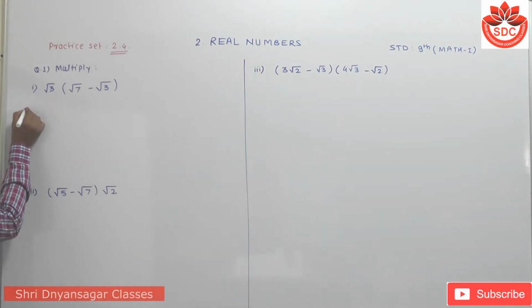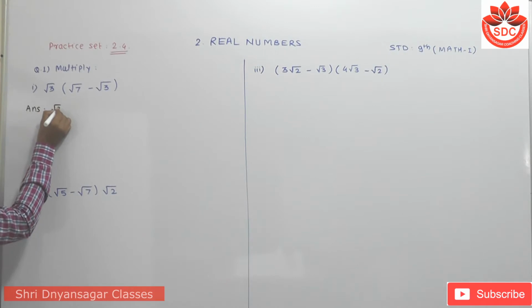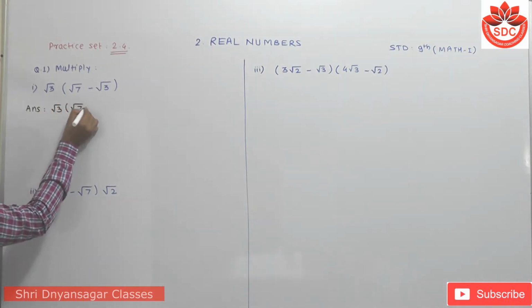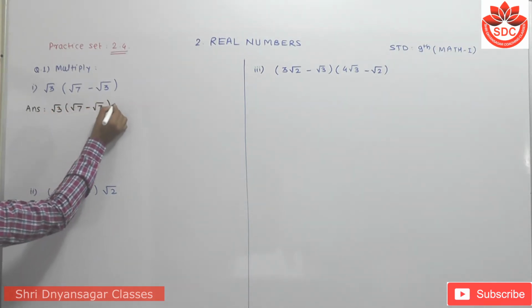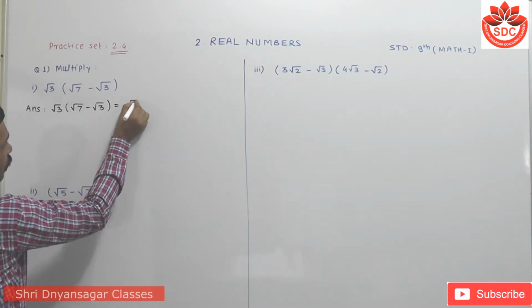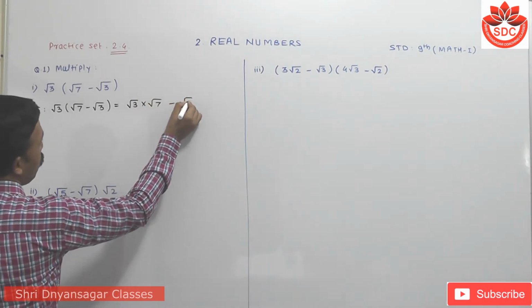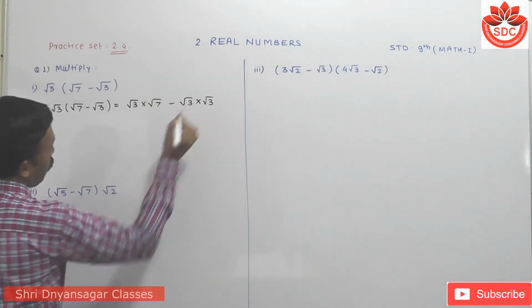Now students, we have to multiply root 3 with both terms. We get root 3 into root 7 minus root 3 into root 3.